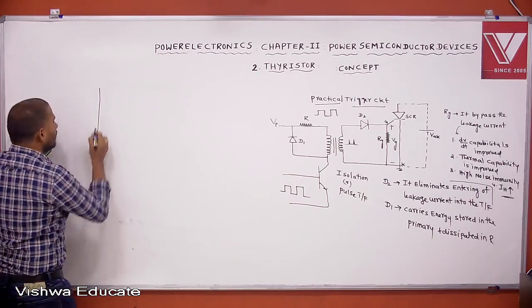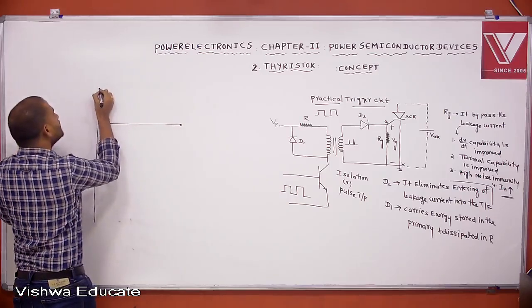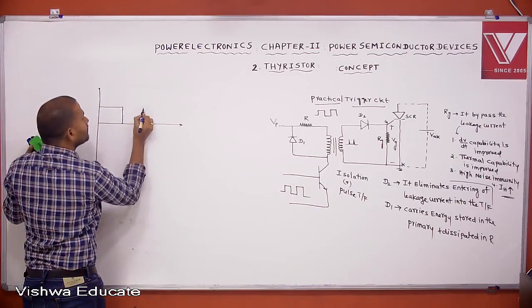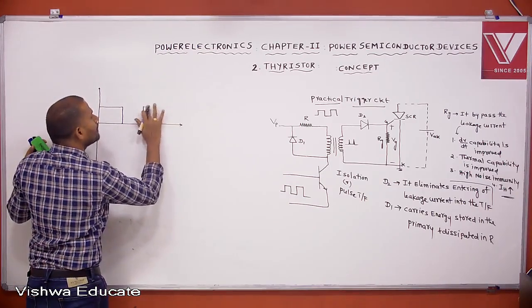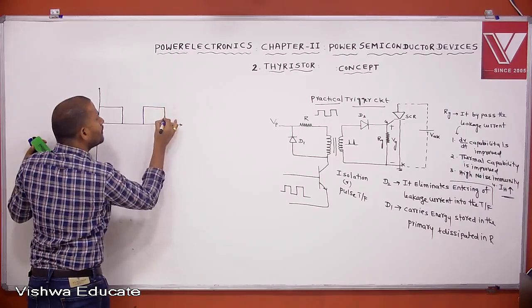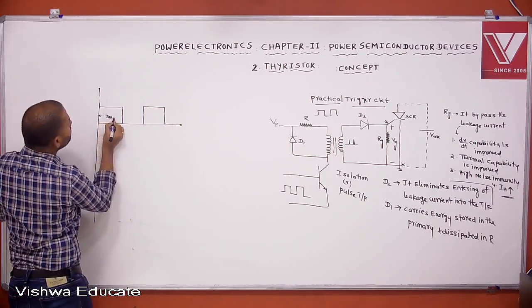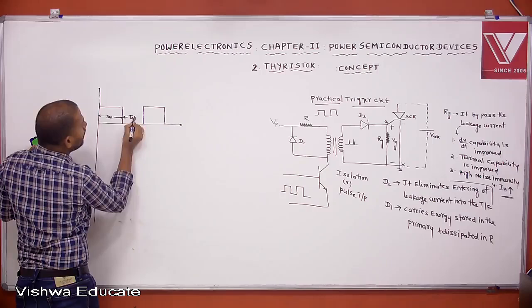The pulses may be like this. Let this be low frequency pulses. Let this time be taken as T on and this time as T off.